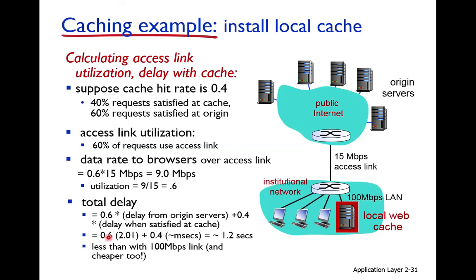So 0.6 into 2.01. For the 40% that will be satisfied from the web cache, the time is some microseconds, 0.4 times that. If you add them, you will get 1.2 seconds.